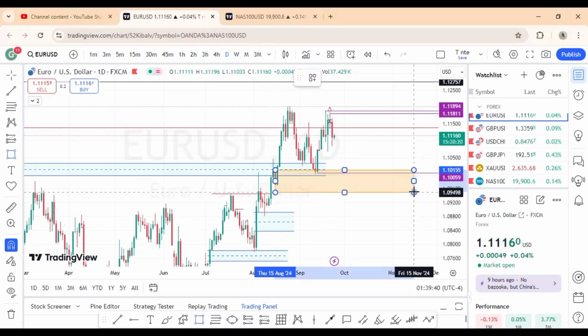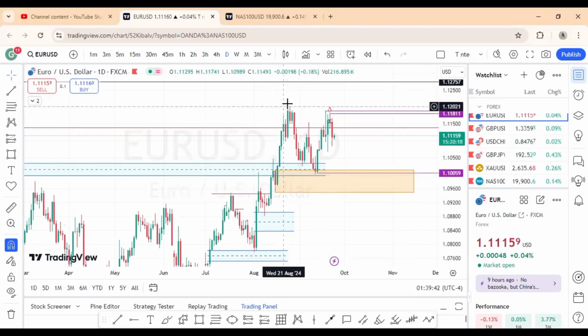You can see how price tapped in, mitigated this order flow and this order block, and then we're expecting price to make a new high. Based on what I can see, it's just logical that we can see price make a new high.